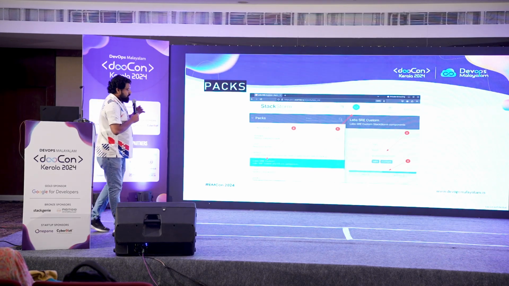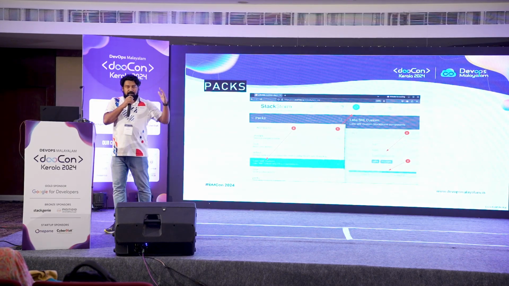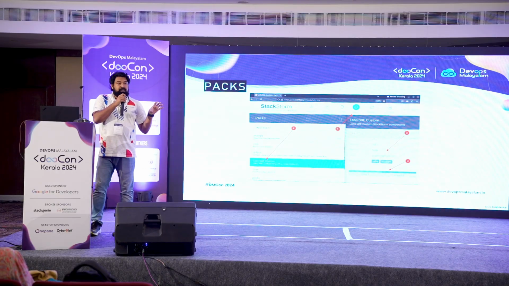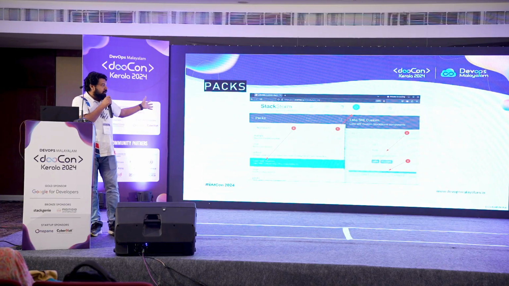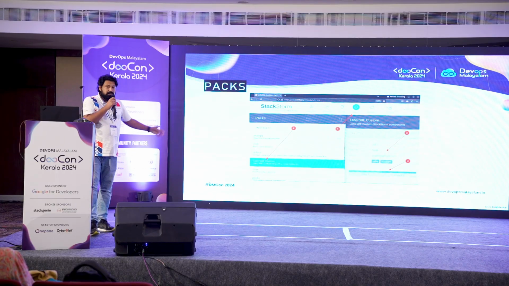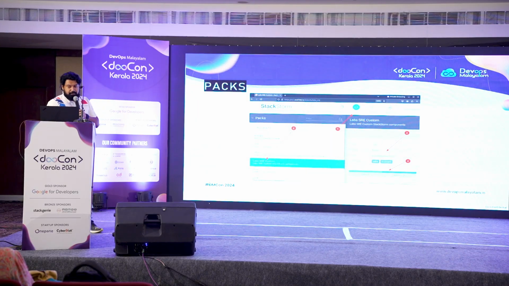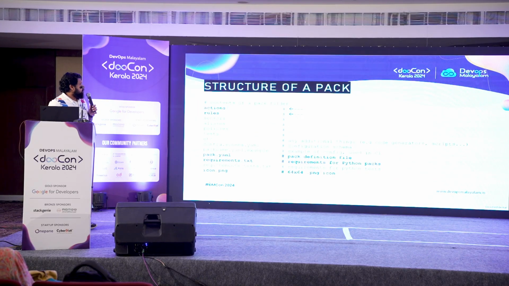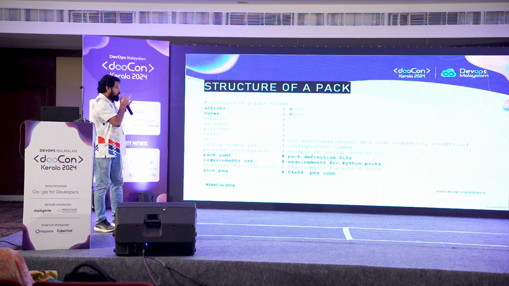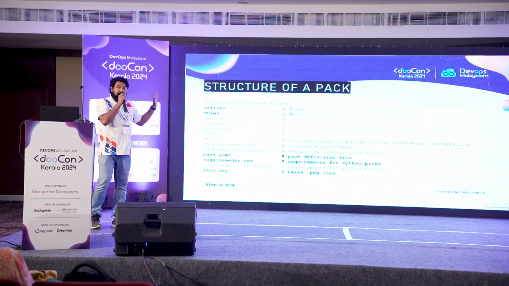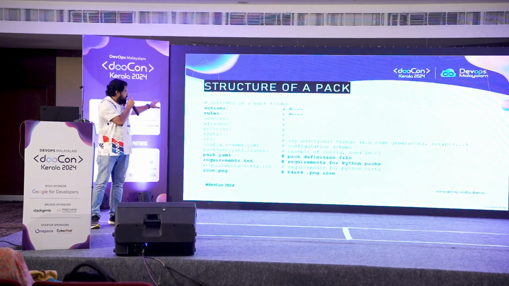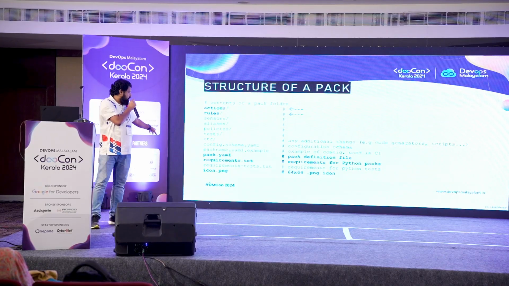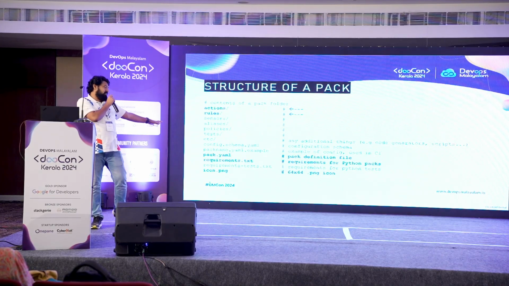This is called the packs. Suppose you have more than one automation, you can combine all those things into one pack, and you can register it with StackStorm. Here is the contents of a StackStorm pack. The important ones are action and rules. There is a pack.yaml, there is a requirements.txt, there is an icon.